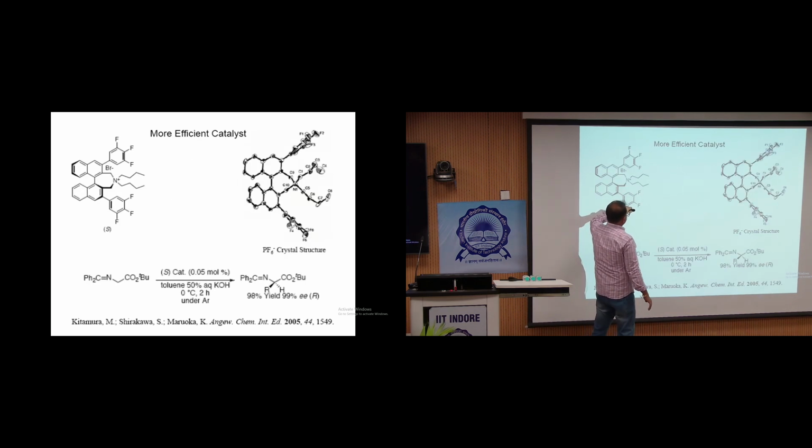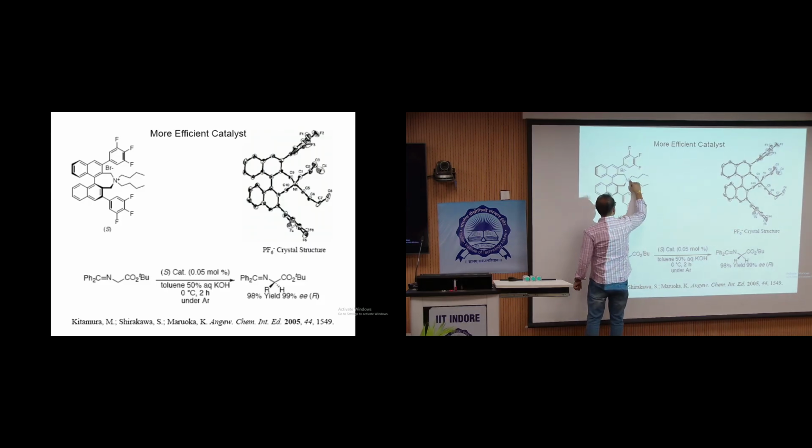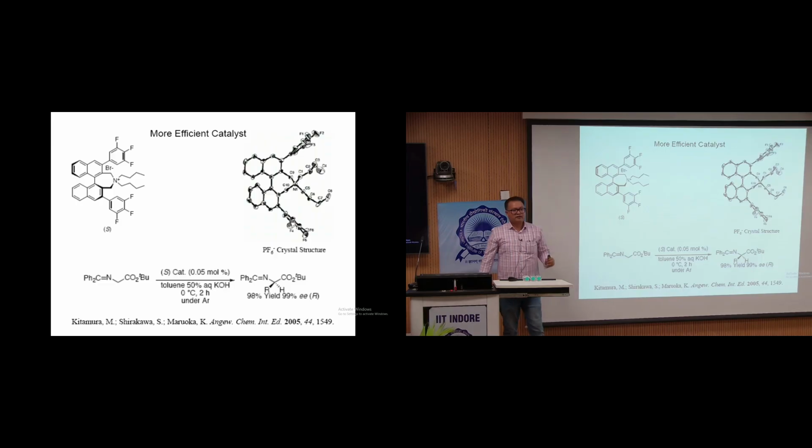Now they say we come up with a more efficient catalyst, and we have long chains like this. They describe it as a more efficient catalyst. Why? Fantastic structure. You can see they are well established crystal structures, but they say that we get 98% and 99% enhancer selectivity, published in Angewandte in 2005.